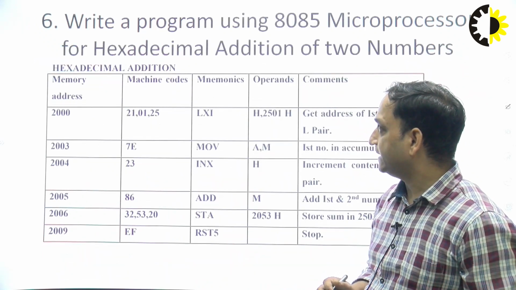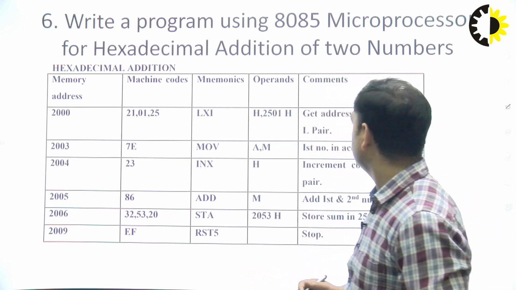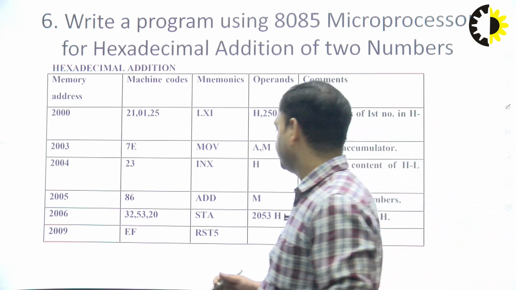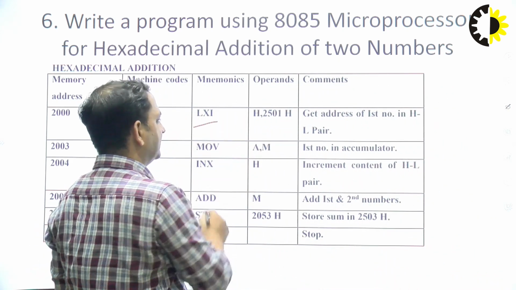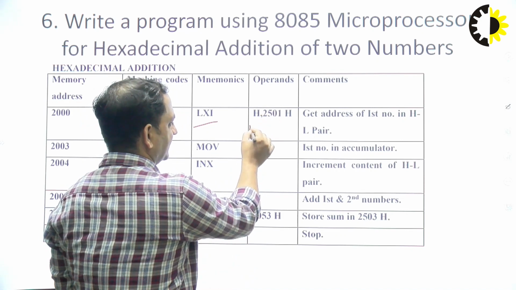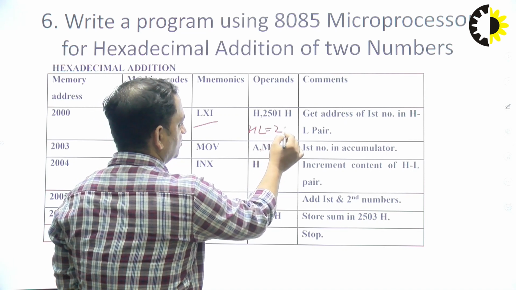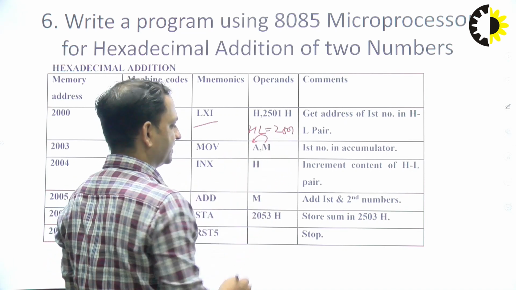Then we have to write a program using the 8085 microprocessor for hexadecimal addition of two numbers. As we discussed previously, we use LXI H, 2501, so the HL pair carries 2501, and MOV A, M: the content of M will be stored into the accumulator.